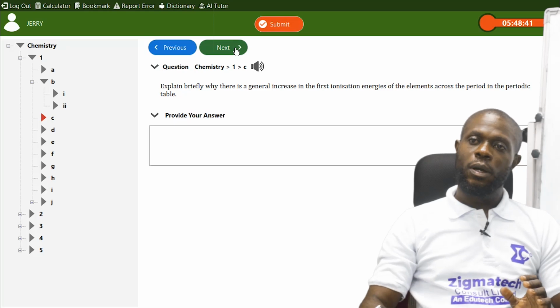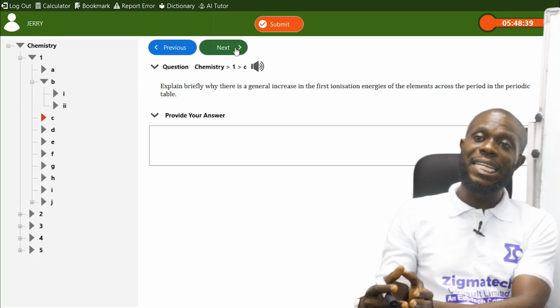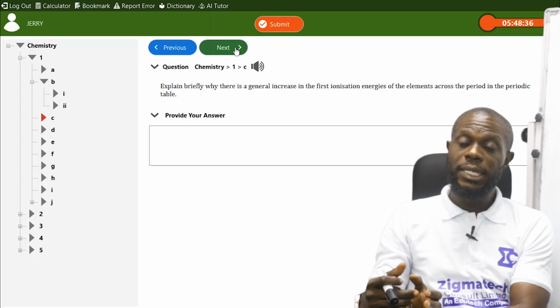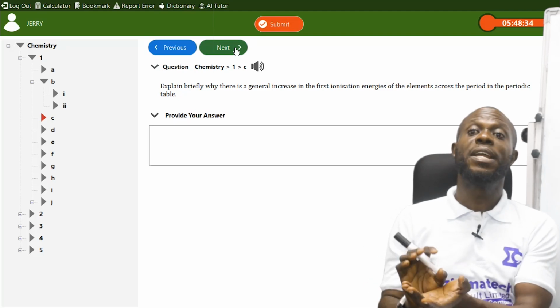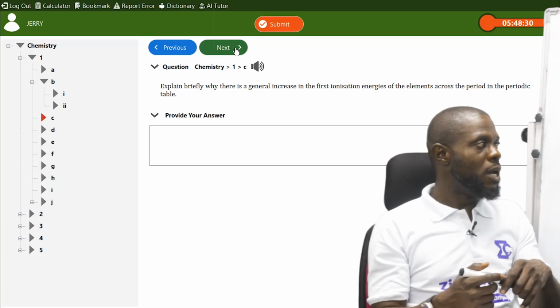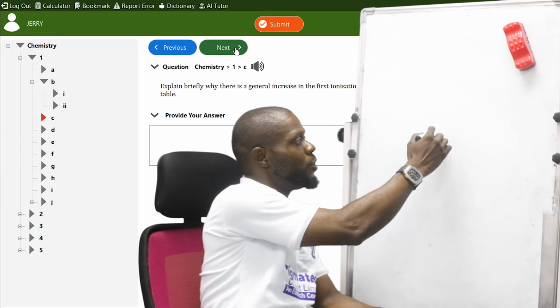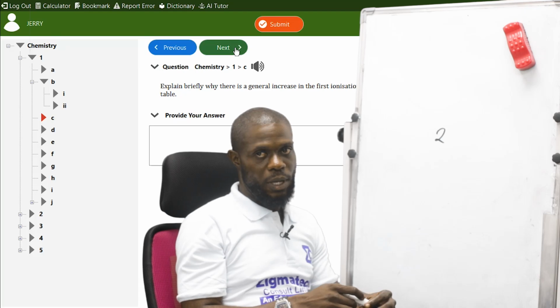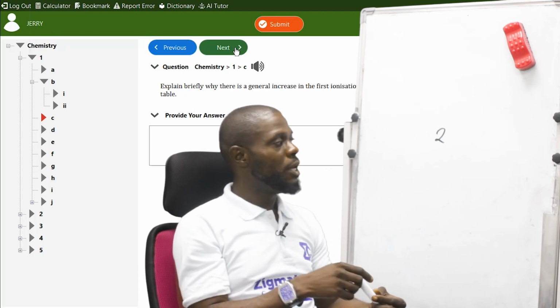Now, when the energy is increasing, that means the number of electrons are increasing. All right? For example, if we have 2 electrons, I want to use electrons before I go to protons.